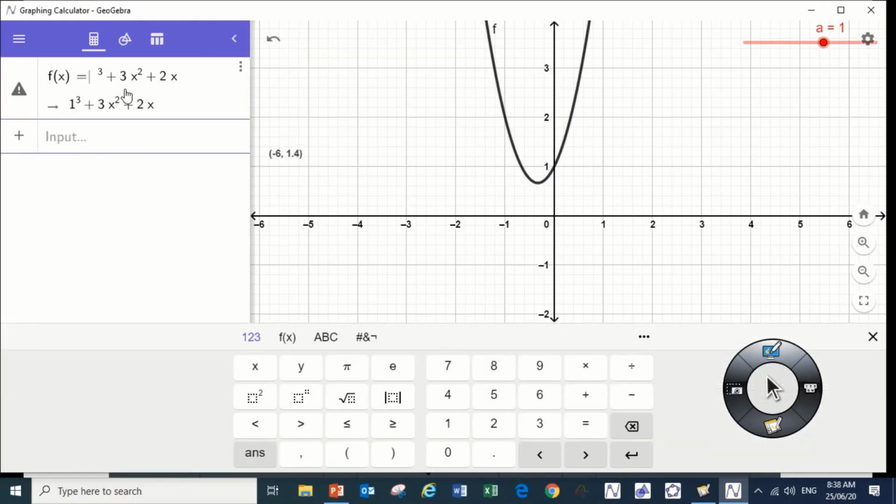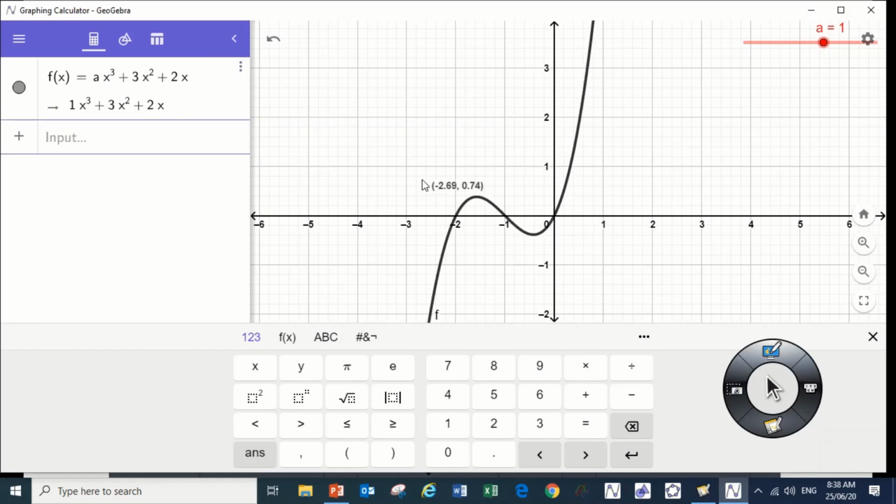I'm supposed to have an x cubed like that. So if your a is positive, like in this case it's equal to 1, you have the maximum turning point, which is x cubed plus 3x squared plus 2x.